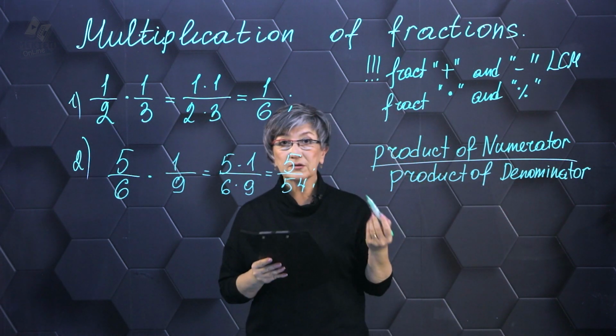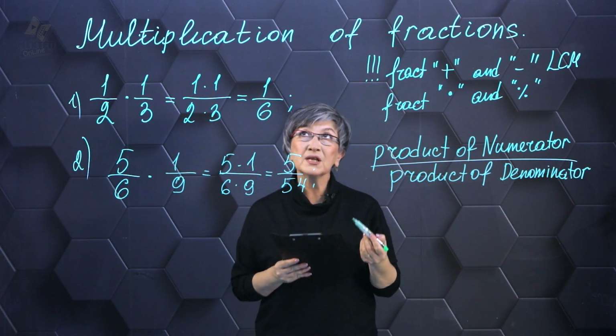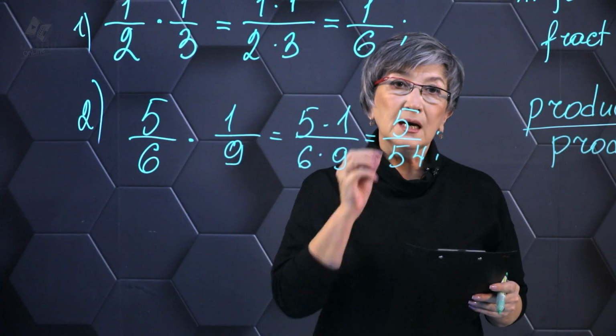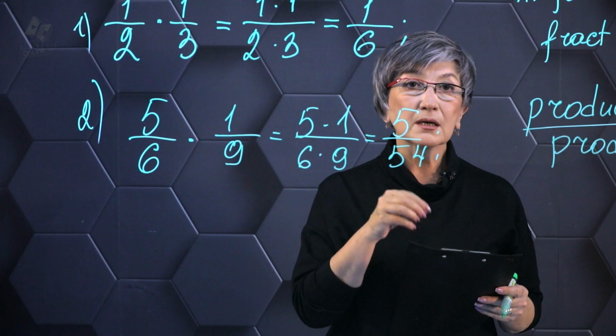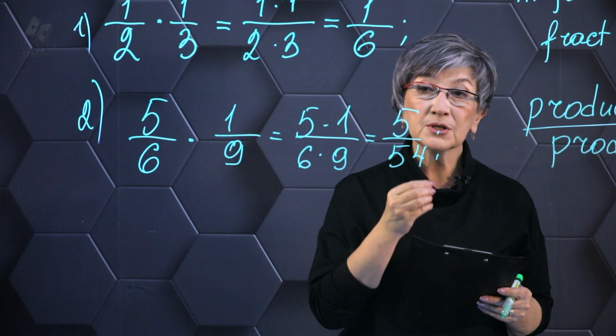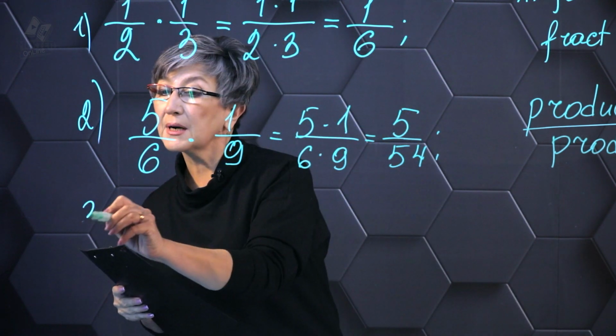This is the rule you should use when multiplying fractional numbers. Guys, the only thing you need to pay attention to when multiplying fractional numbers is the rule of reduction.